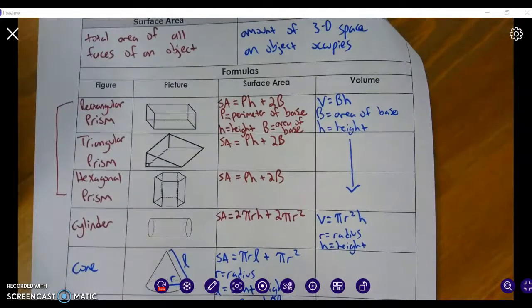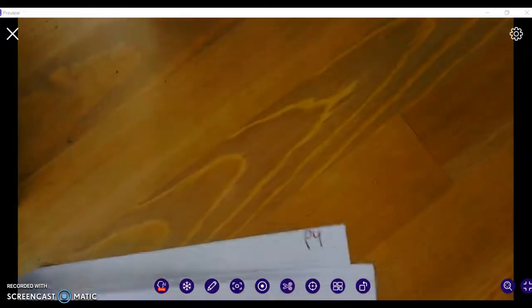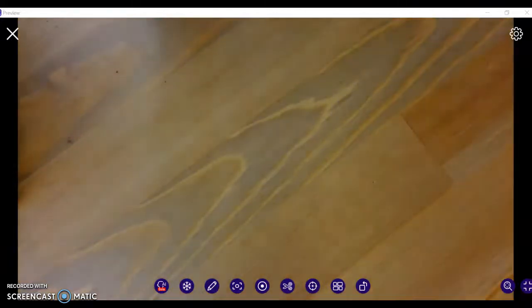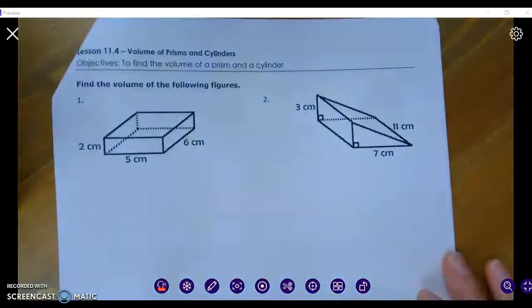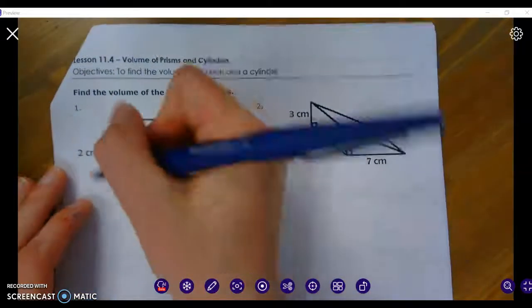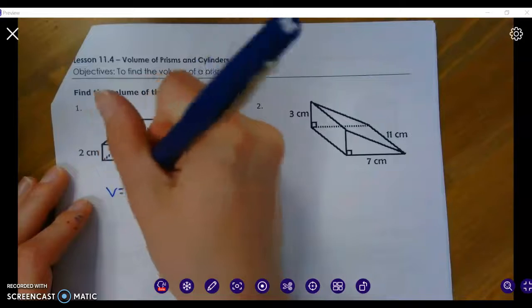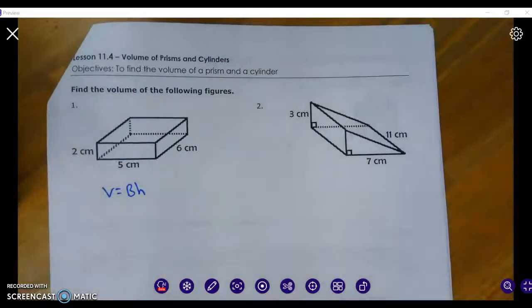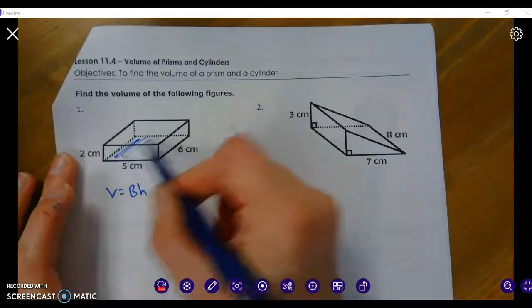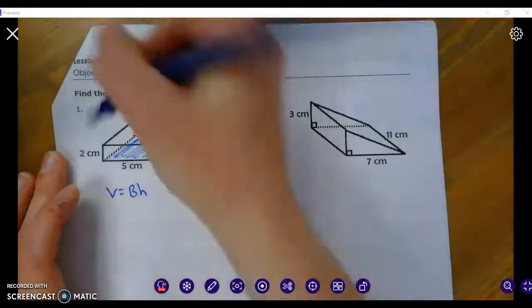I'm going to go to page 9. Okay, so we're going to start with these prisms. So our formula is BH. Okay, so what I'm going to use for the base is this rectangle.